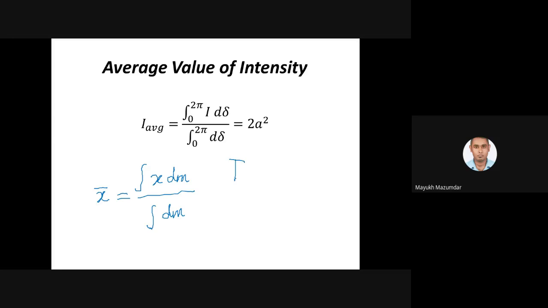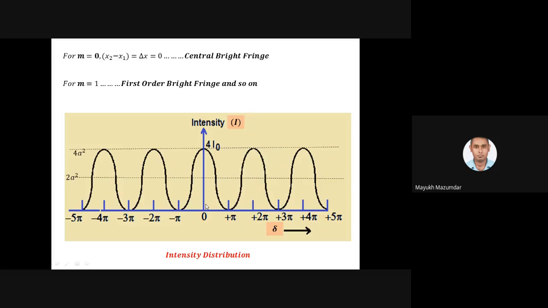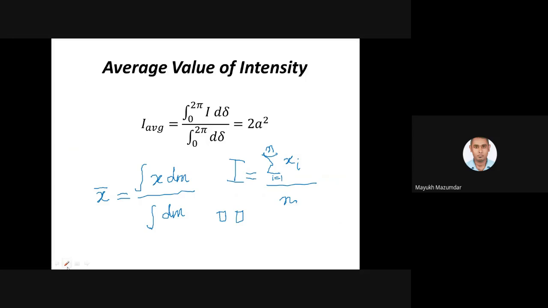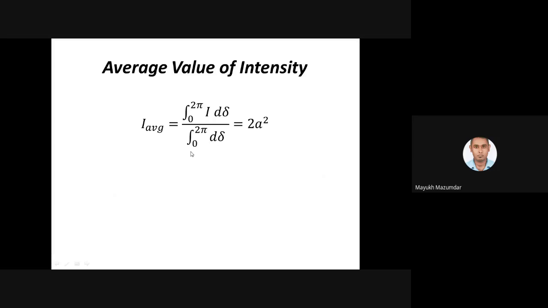So average, what we are familiar with, we just go on adding a quantity, say x from 1 to n. Say we have 100 values of x, then we divide by 100, isn't it? That is for discrete values. But these are continuous distributions, not discrete or discontinuous. So here you have to use this formula.